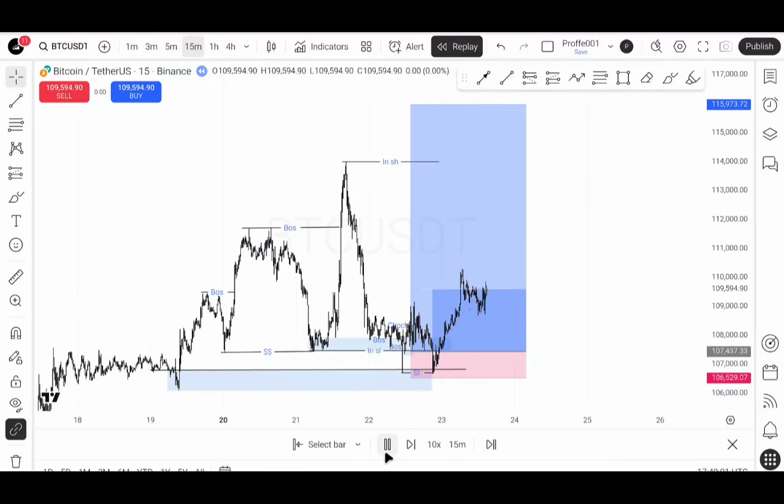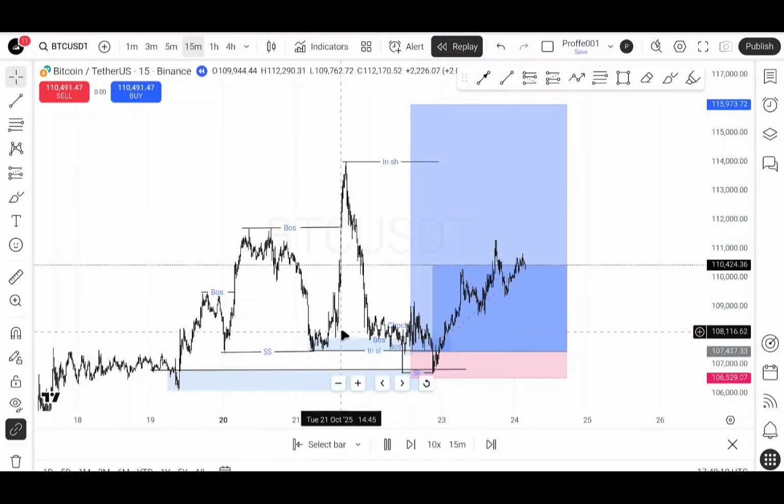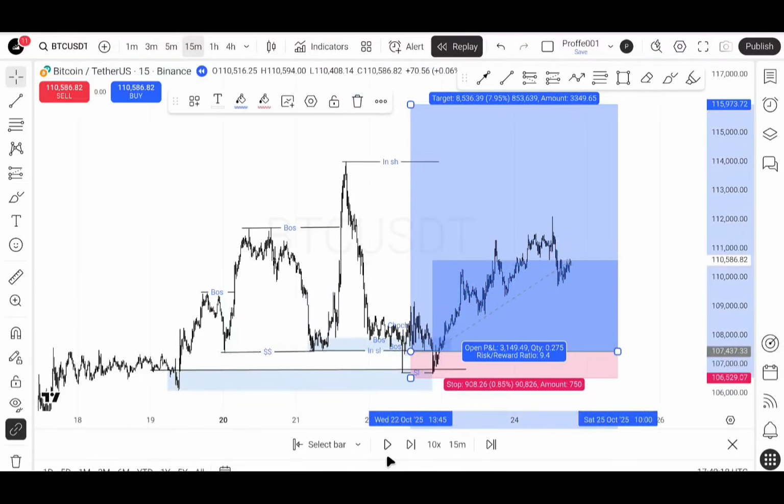And see the movement immediately after that, it gave us a very good movement. Again, this is why I love SMC so much. While all these things are going on, you need to be patient here. Patience is one other thing again.